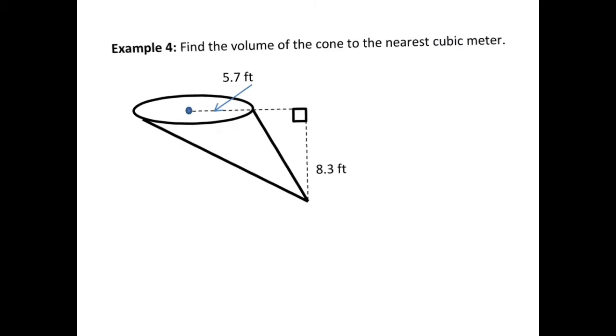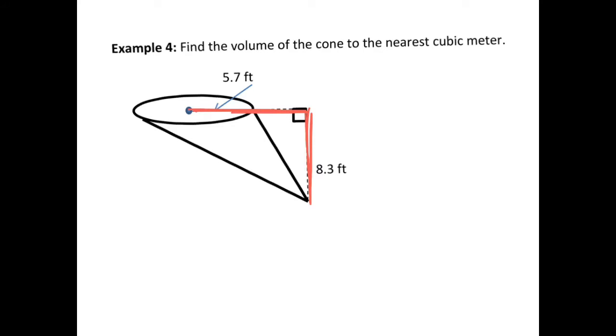Your last example is an oblique cone. Remember, you learned yesterday about right prisms or right cylinders. Same thing applies. This is an oblique cone, so it just means that it's slanted. However, we calculate the volume the same way. Remember that the height is always perpendicular to the base.